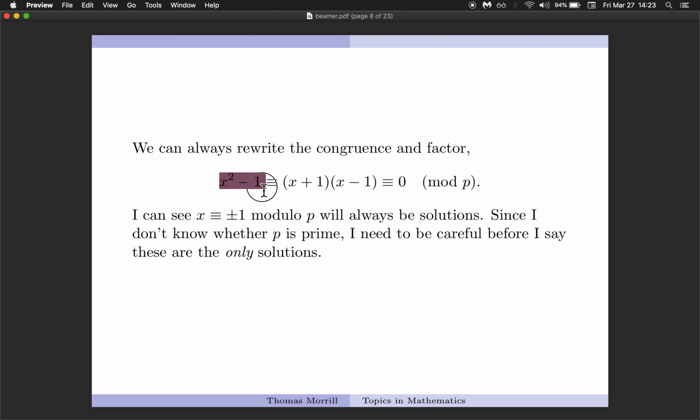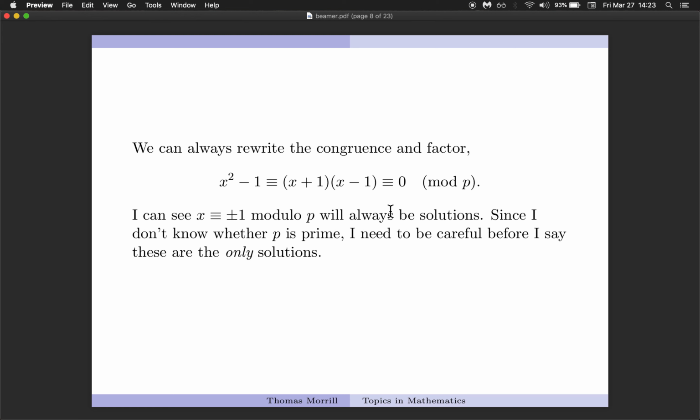From the previous slide, I have subtracted 1 on both sides of the congruence. On the left-hand side, I've got x squared take 1. On the right-hand side, I've got this 0. And I can always factor my polynomial here, and I get x plus 1 times x minus 1. Hey, that's that same factorization by difference of squares that I mentioned a couple lectures ago.